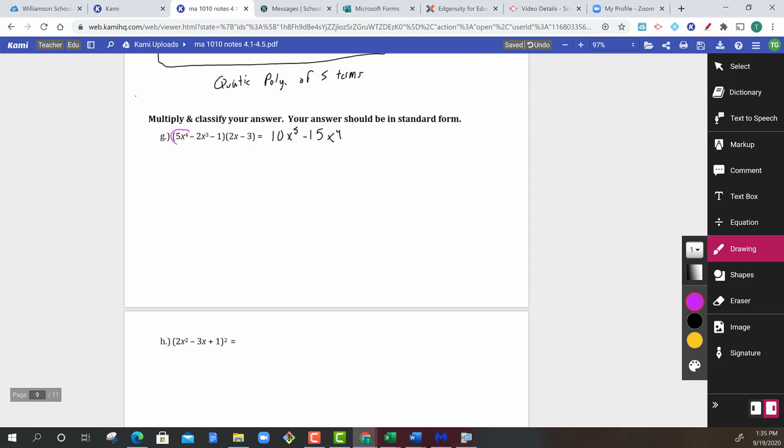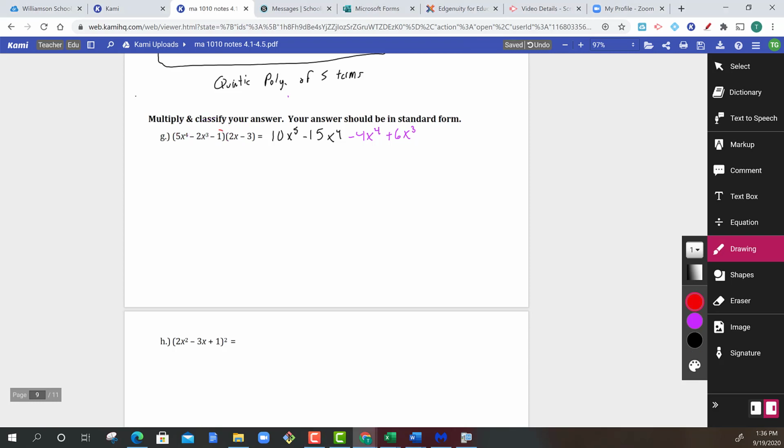All right, so then I'm going to do 5x to the fourth and multiply it by, nope, that's not what I'm going to do. I just did that. So now I'm going to take negative 2x to the third, and I'm going to distribute it to both those terms. So negative 2x to the third times 2x is negative 4x to the fourth, and negative 2x to the third times negative 3 is positive 6x to the third.